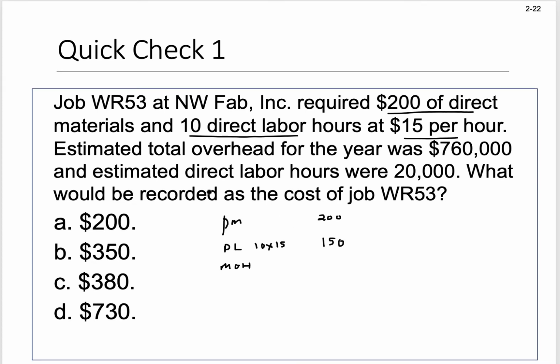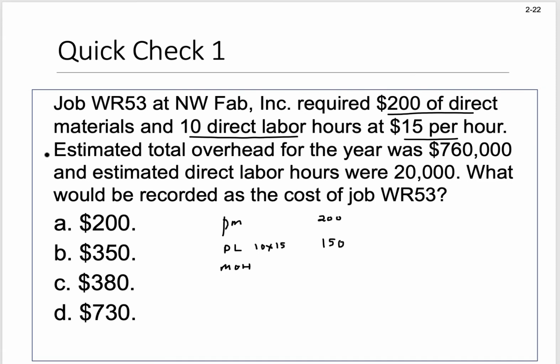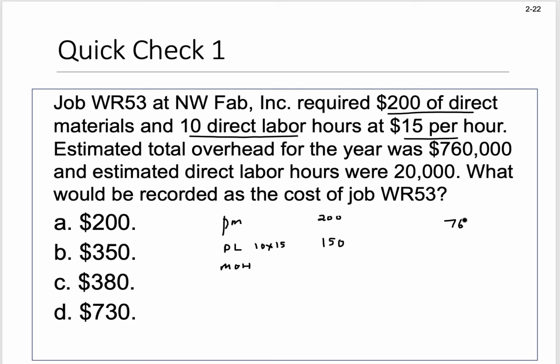Now, they tell us that we have estimated overhead of $760,000. We have direct labor hours for this coming period to be 20,000. Guess what? We can calculate the predetermined overhead rate. So bear with me as I pull out my calculator here.